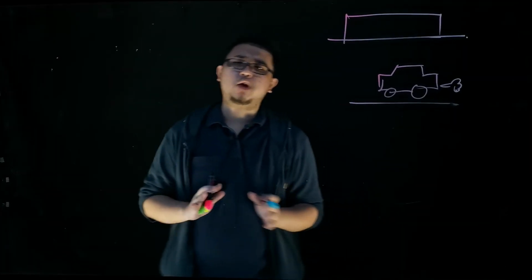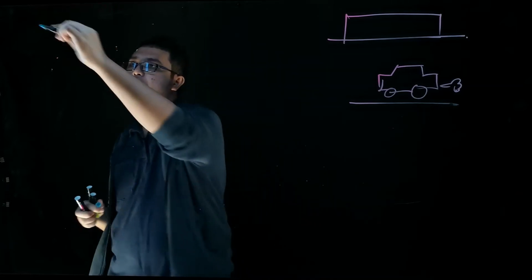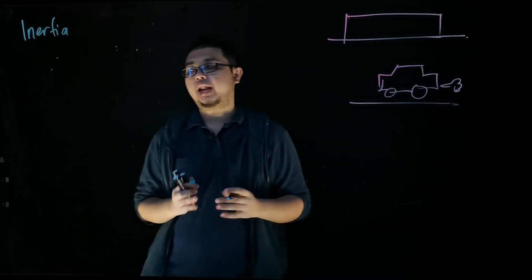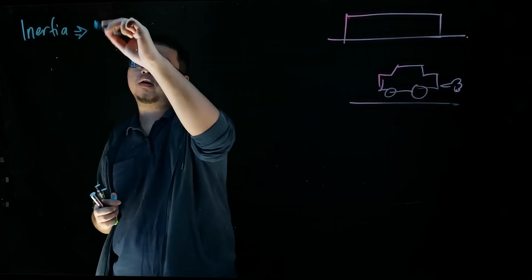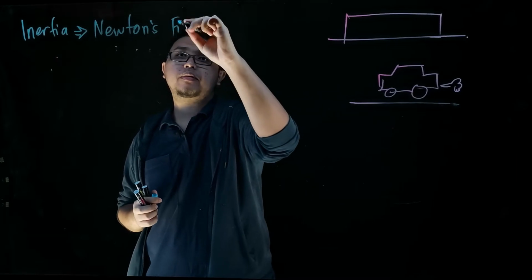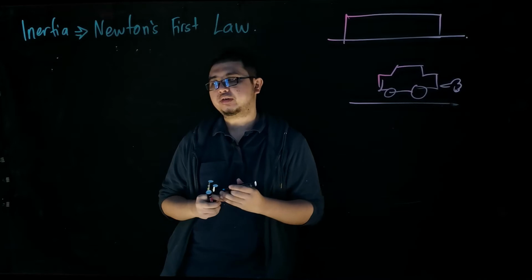To continue our topics, today we're gonna continue on the topic of inertia. So what is inertia? Inertia is also known as Newton's first law. Now, what does Newton's first law state?